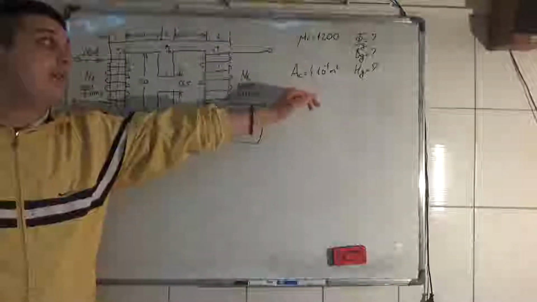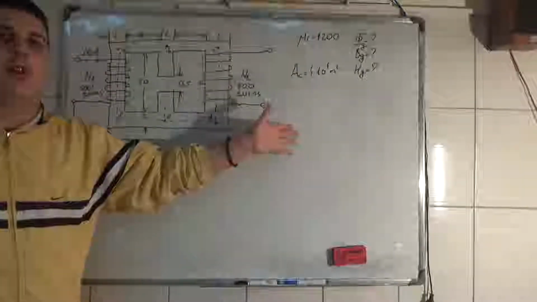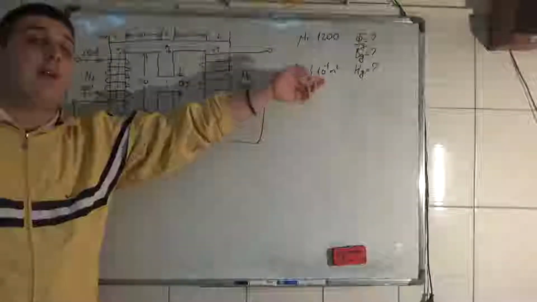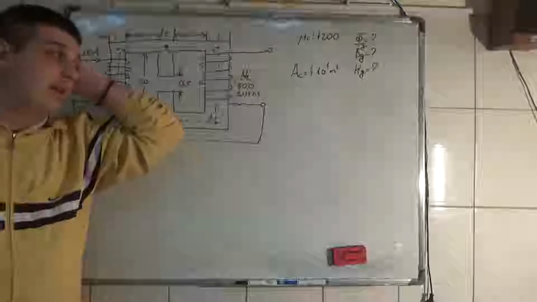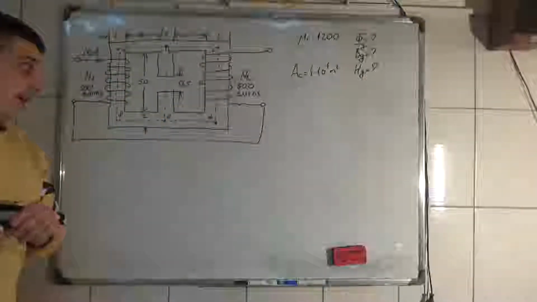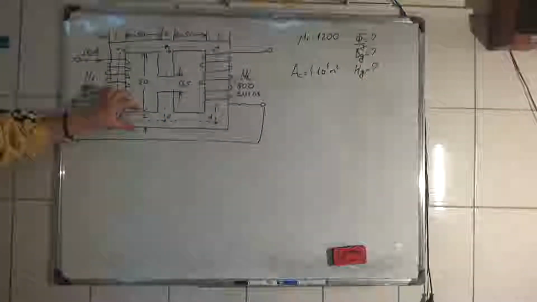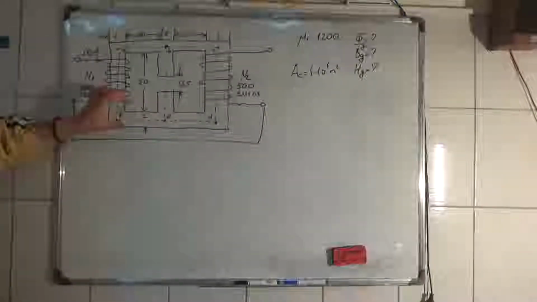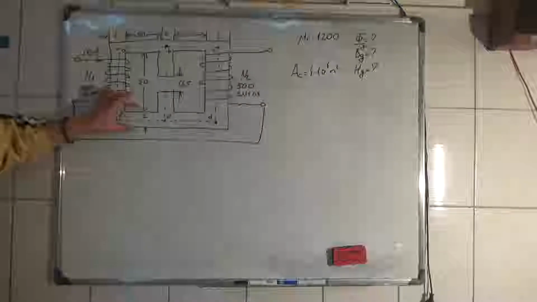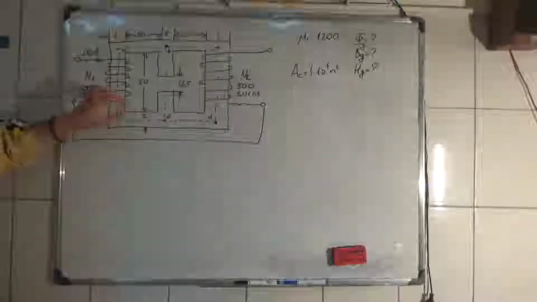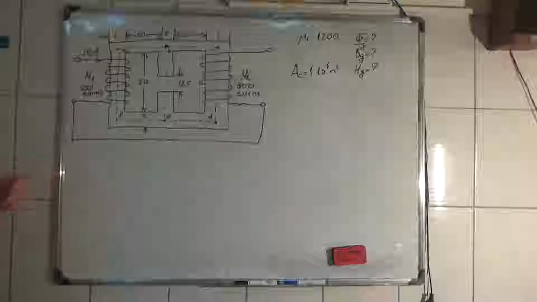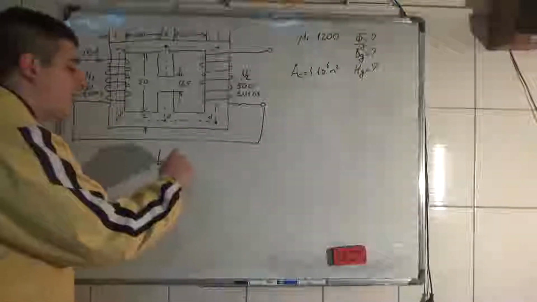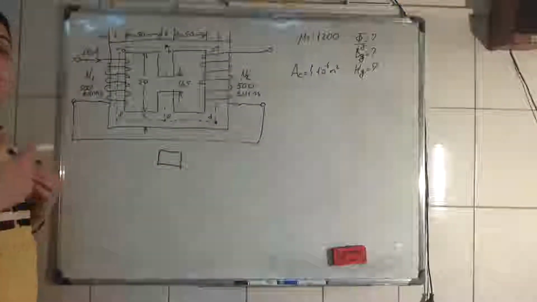And the cross-sectional area of this magnetic circuit is 4 times 10 to the minus 4 meters squared. Why? Because here, as you can see, the height of this magnetic circuit is 2 centimeters. Now, if you have a square, the square has all the same dimensions.